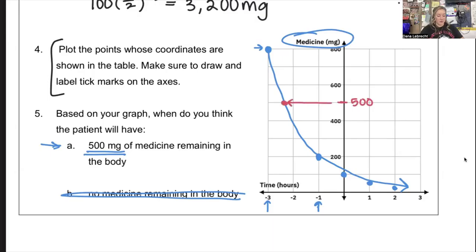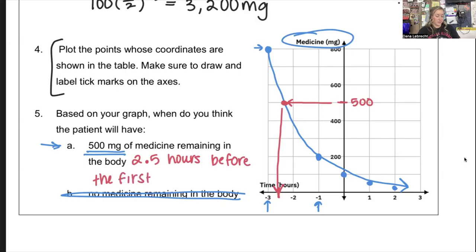That would be about right there. Look down at our time, and that's right about in between 2 and 3. So it would be 2.5 hours. Because they're negative, it's going to be before the first blood test.